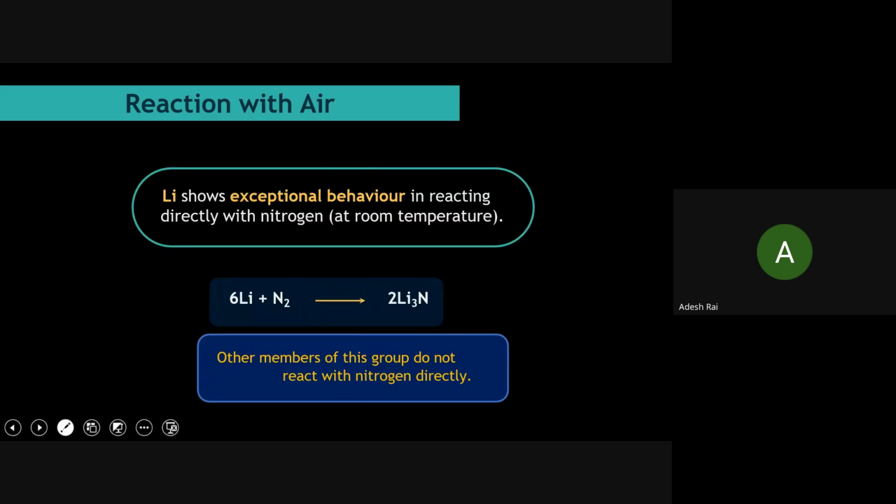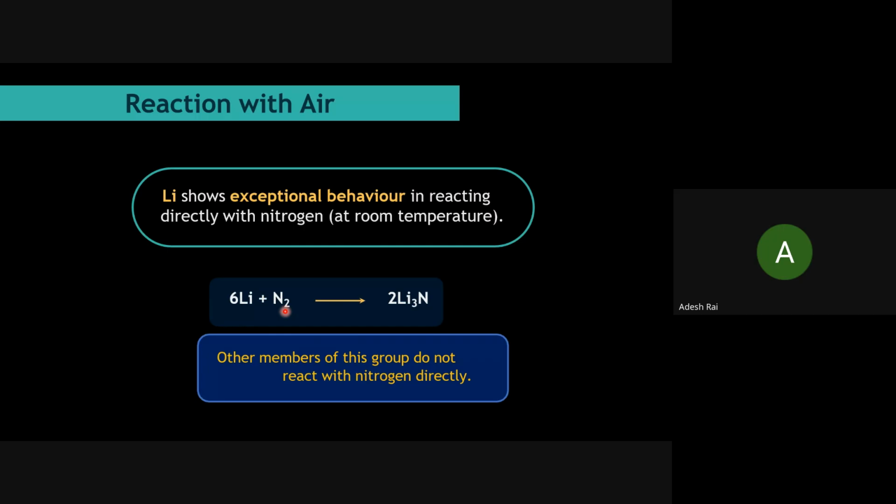Now, lithium shows exceptional behavior in reacting directly with nitrogen at room temperature. Other members of this group do not react with nitrogen directly, but lithium reacts with nitrogen and forms lithium nitride. Is that clear to everyone? So the reaction with nitrogen will only take place with lithium, not with other elements of the group.